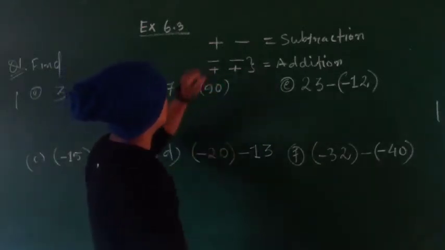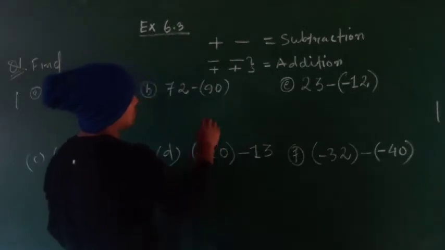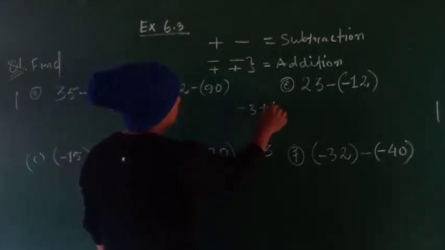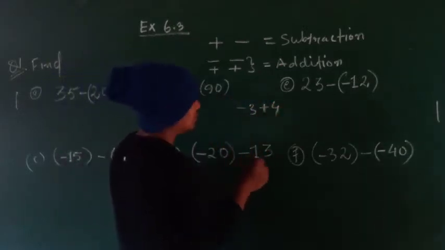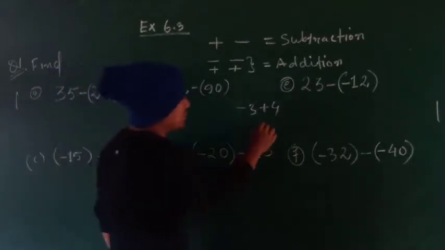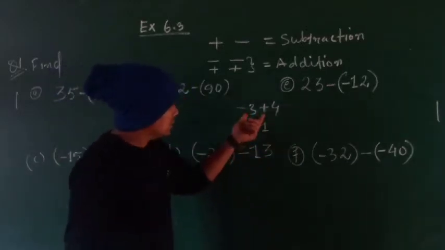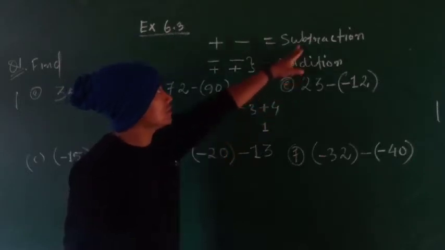For example, minus 3 plus 4 will be equal to 1, because when one is negative and one is positive, we do subtraction.